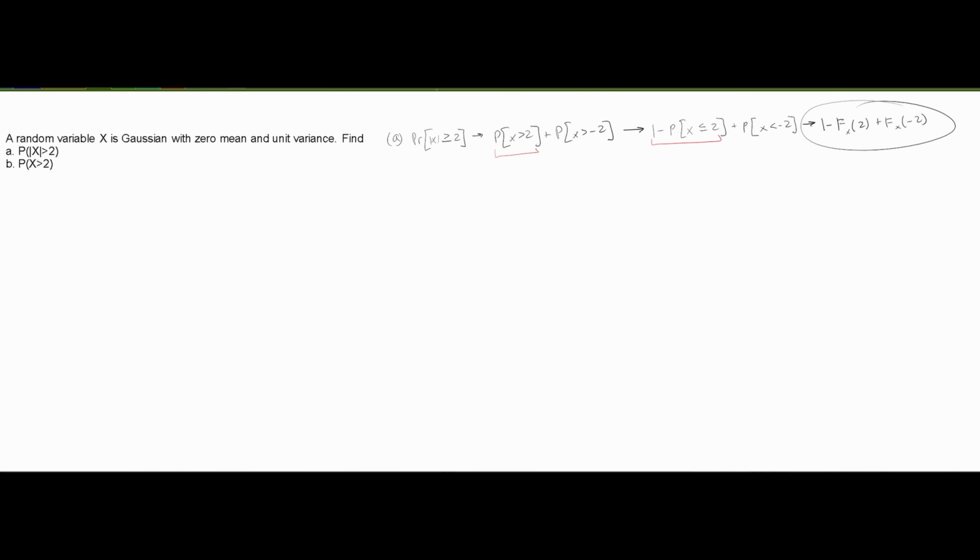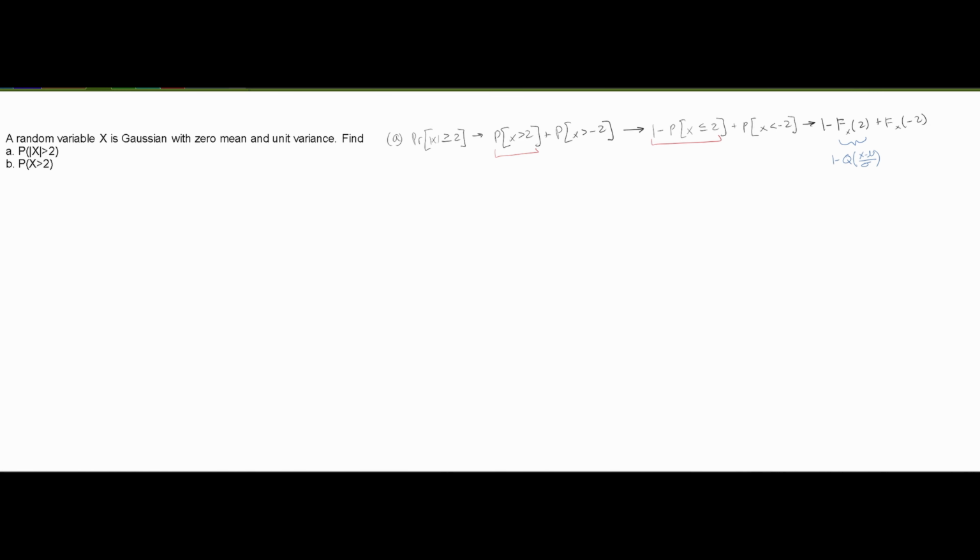And the reason why this step is important is because two things are going to happen. If we look at this one right here, which I'm going to do in blue, this whole thing is going to be 1 minus Q of x minus the mean over the unit variance.